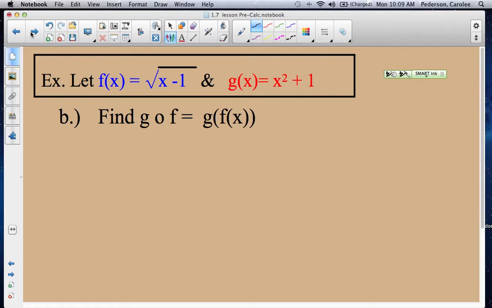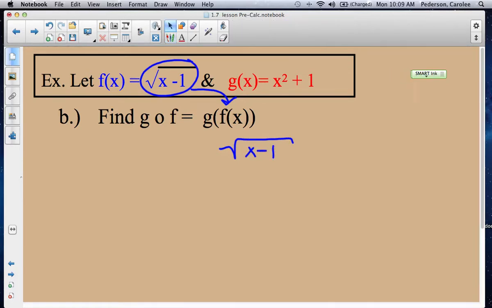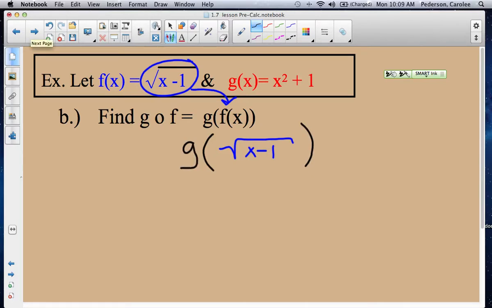All right, so now we have 2 new functions, the blue and the red. We want to find the g of f of x. So where are we going to start? Start with f of x. So that square root of x minus 1 is going to go inside the f of x. That's the first evaluation. All right, next step.